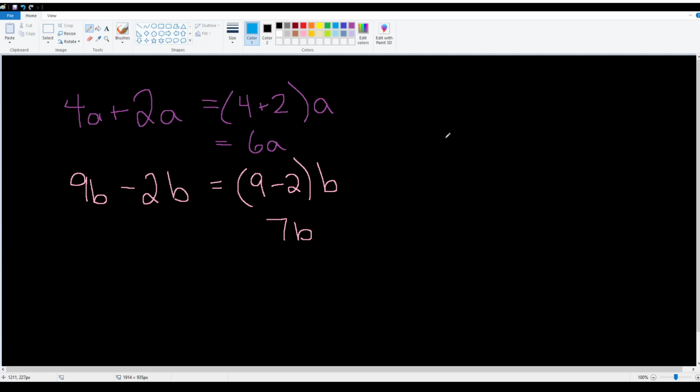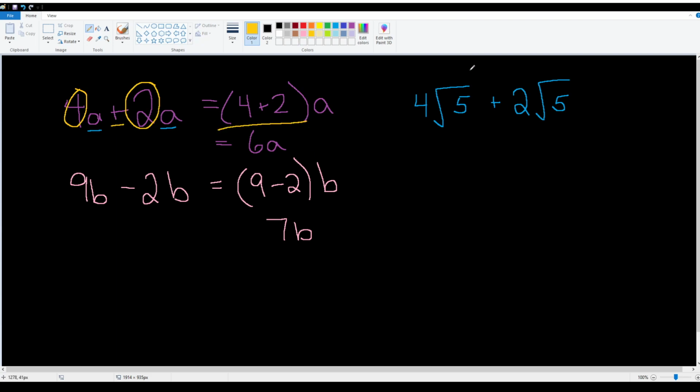So when I have a radical expression of something like 4 radical 5 plus 2 radical 5, it goes along the same idea. Seeing how my a was the same, we only worked with the coefficients and we added them together here. The same thing is going to happen with this. I'm going to take my coefficients and add them together, but the radical is going to stay exactly the same.